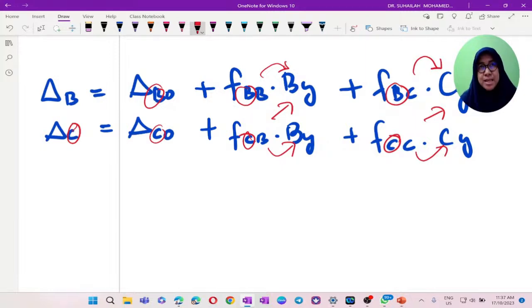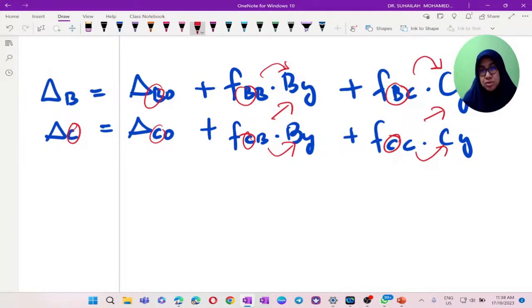We name this the compatibility equation. There are two equations because of two redundants. So when we have, for example, three redundants, we will have three equations.